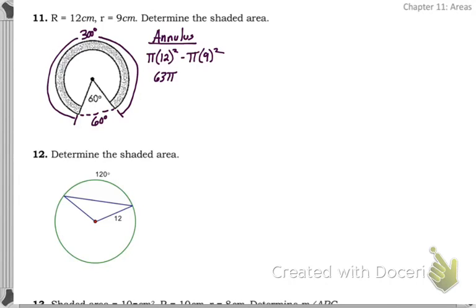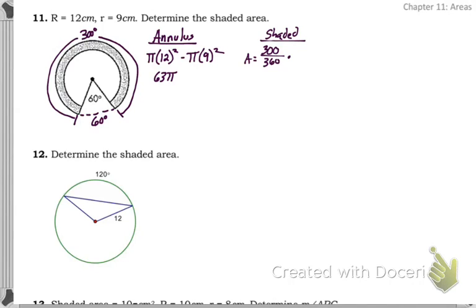Okay, I just want to continue on just real quick because it's a good example. So if I want to find my shaded area, that entire percent of it taken up is 300. So the area of the shaded is 300 divided by 360 times just the area of my entire annulus.